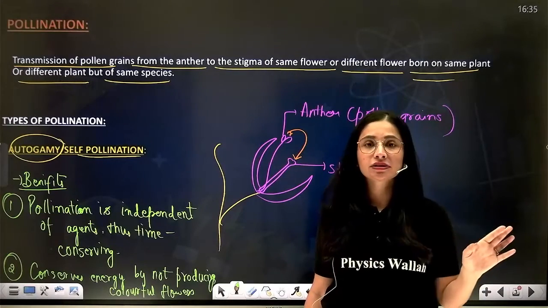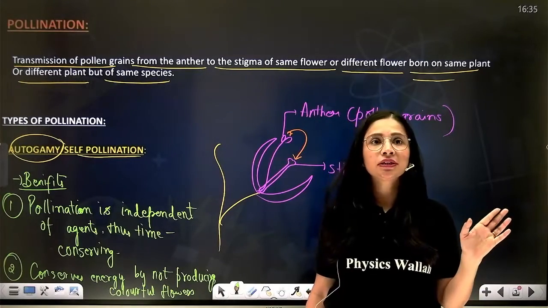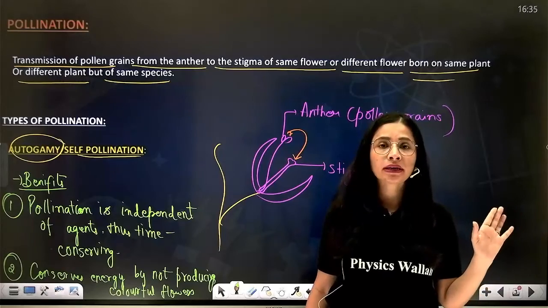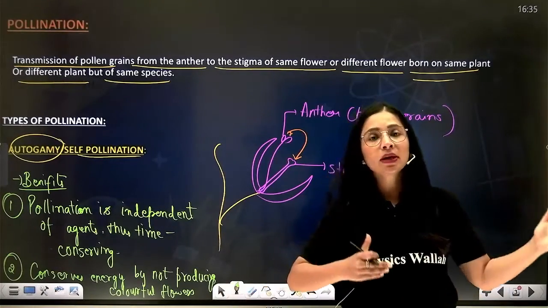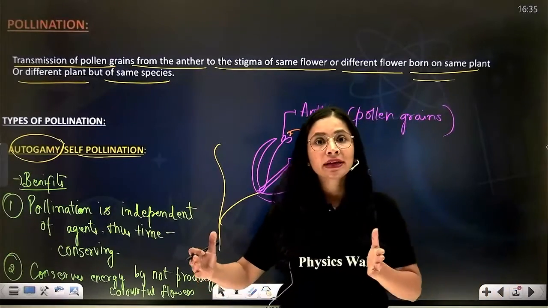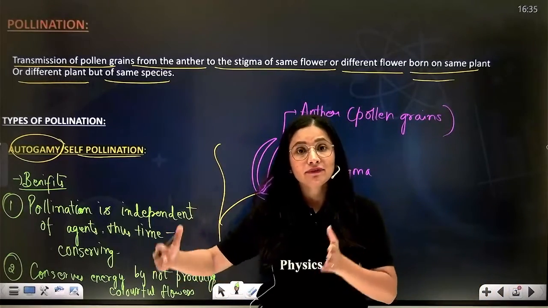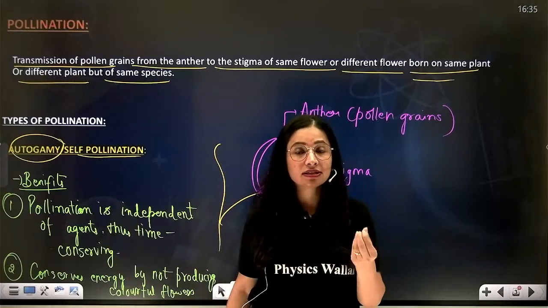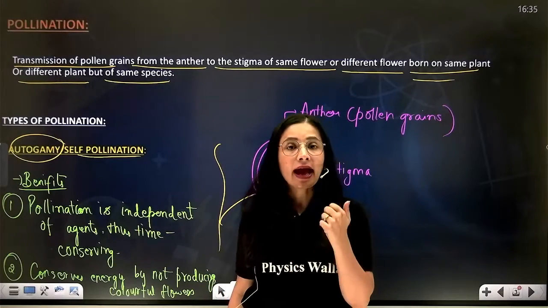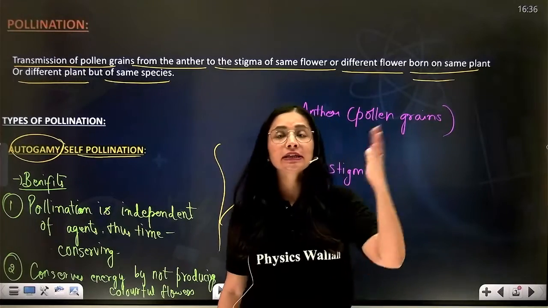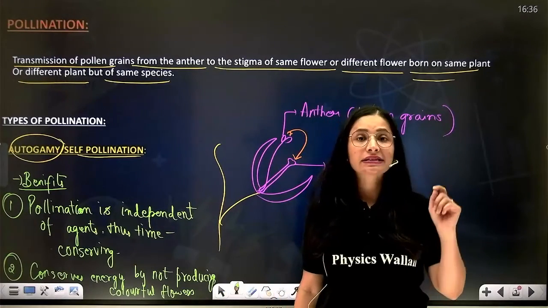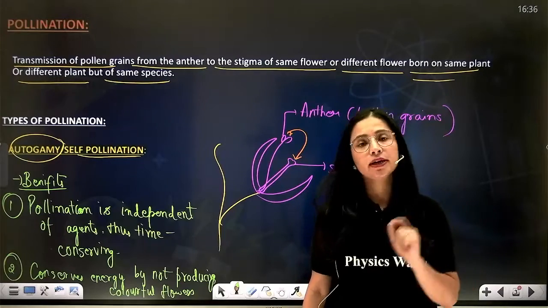No variations, no different genes, no genetic improvement. Every time the same genes are transferred from the parent to the offspring. As a result, with every passing generation, the genes are going to become weak, and the offspring, instead of being healthy, will become weaker than the parent. And this is called inbreeding depression.